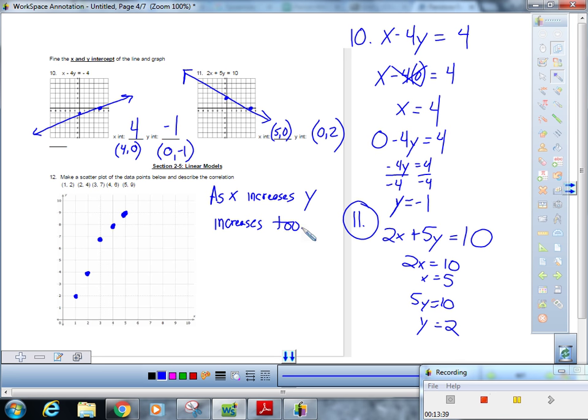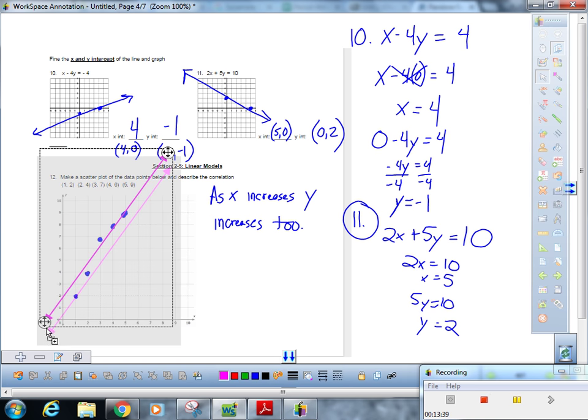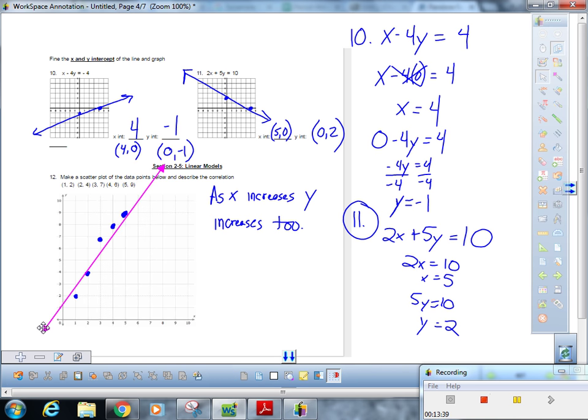So when they say to make a line of best fit, you literally are trying to imagine the line that represents a close estimate of all the points. So that line right there seems to be a decent representation of the points.